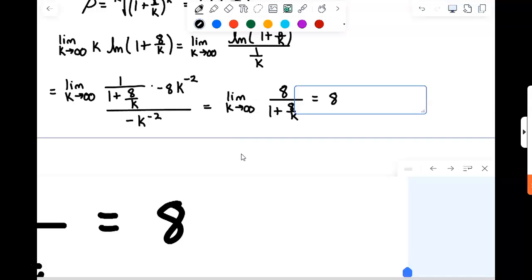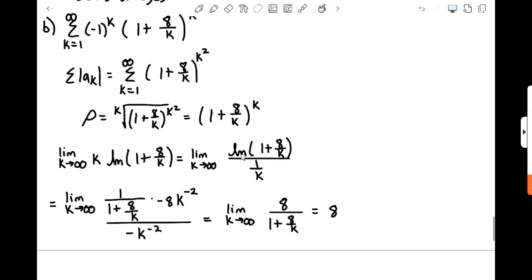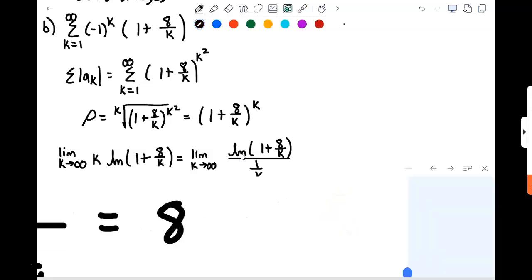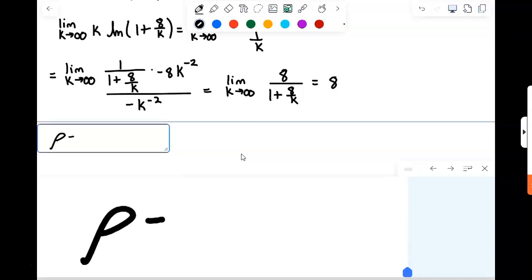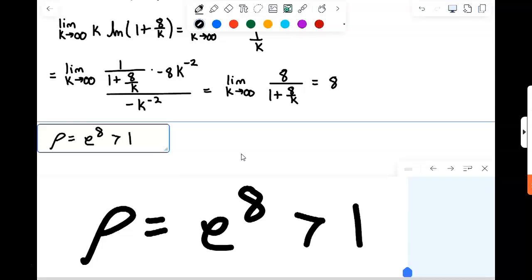Now, remember what the root test does is we're looking at the original thing, right? But we had to transform that to ln so we could compute the limit. So now remember, rho is going to actually be approaching e to that power. And e to the 8th is really big, certainly bigger than 1.